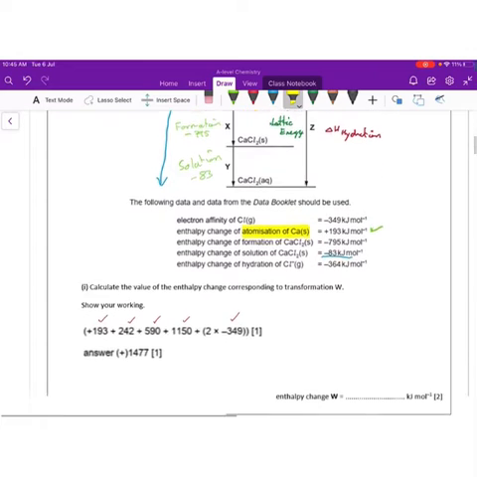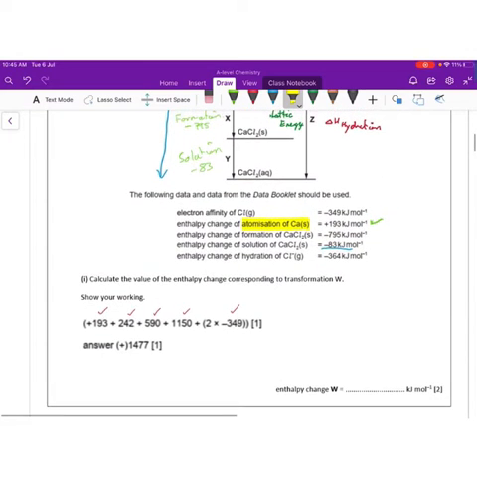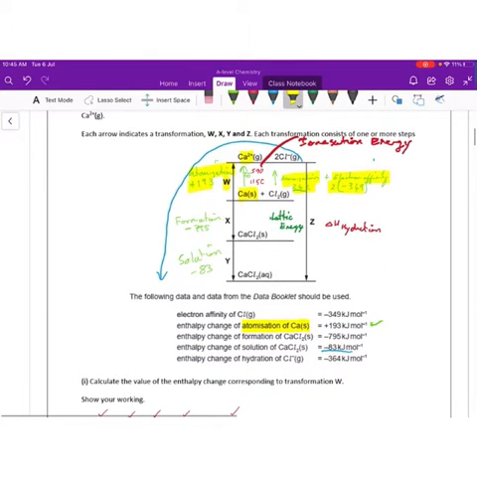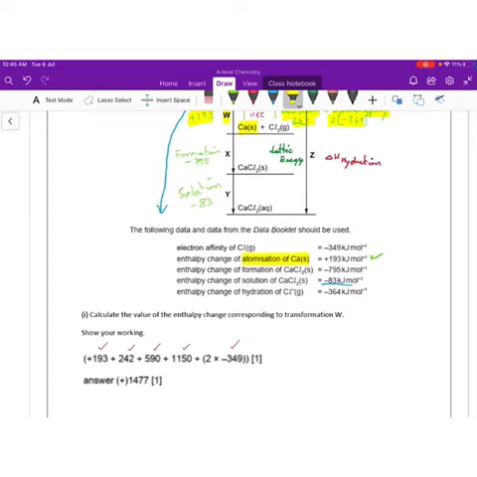By the way, this is my first question. Calculate the enthalpy change corresponding to transformation W. All of these, my atomization of calcium, my first ionization, my second ionization, are all positive values. They're going up. My atomization of chlorine is also positive. It also adds up. So positive, positive, positive, positive, positive.